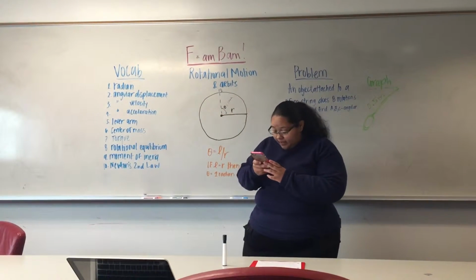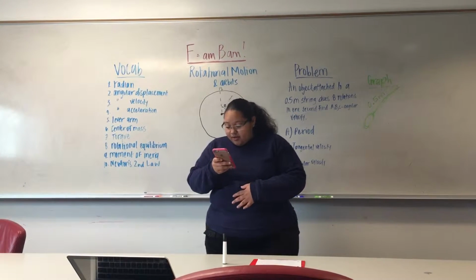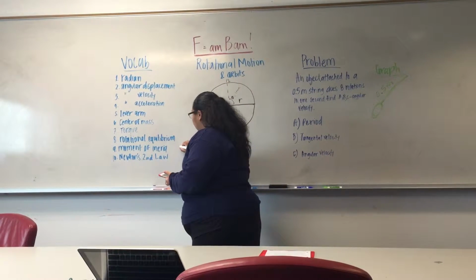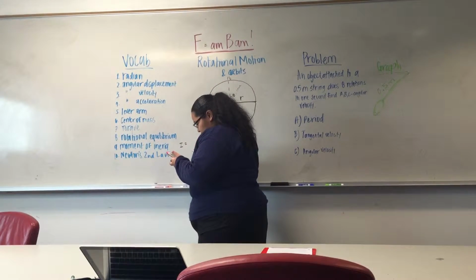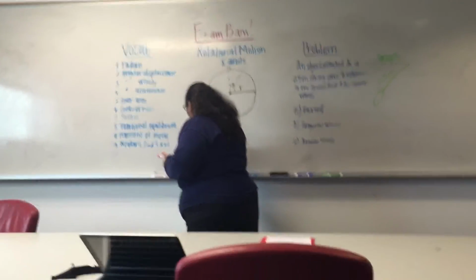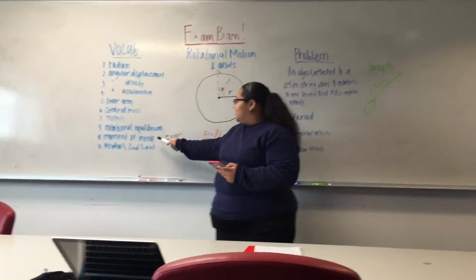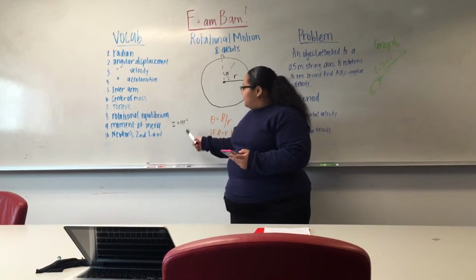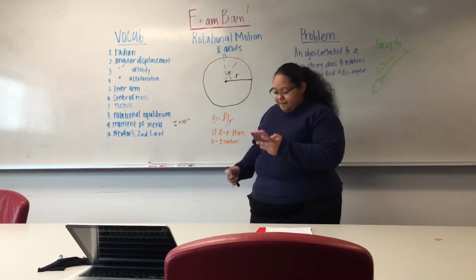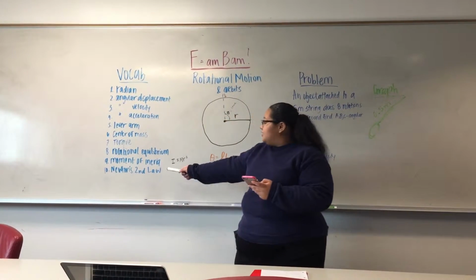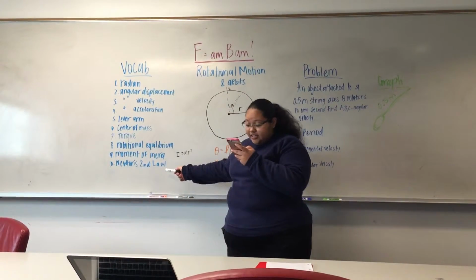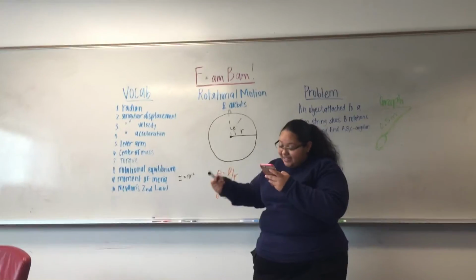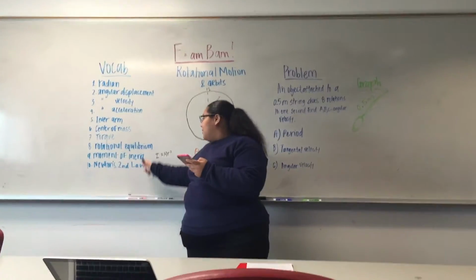Moment of inertia, the resistance to rotation, and it has an equation to it, which is I equals mr squared. Alright, moving on to the last thing, Newton's second law. The angular acceleration of an object is directly proportional to the net torque and inversely proportional to the moment of inertia.